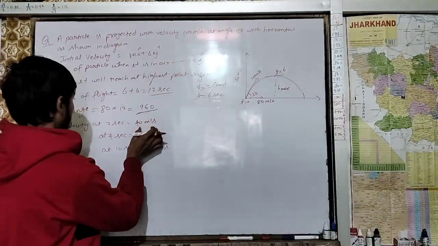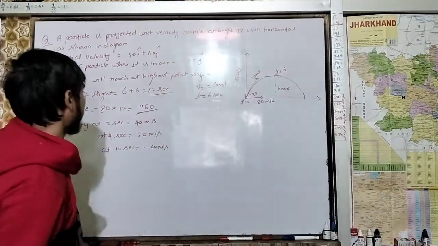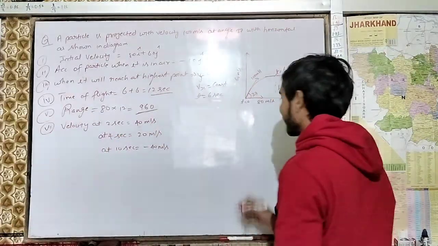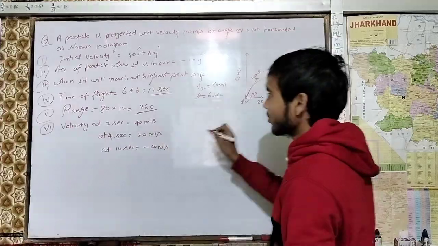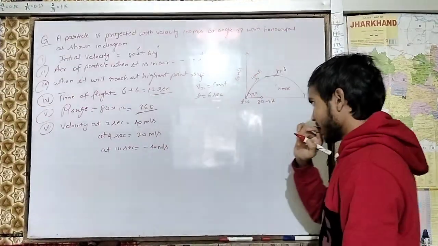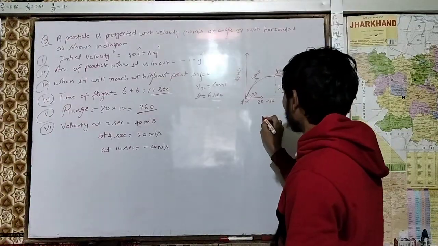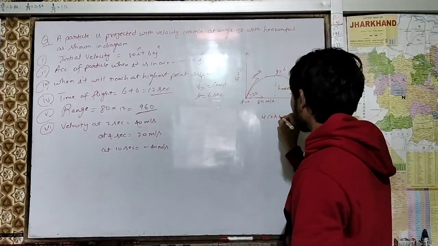We are going to write this velocity in the language of a vector. As we know, this is u. So u is equal to ux, u cos theta.